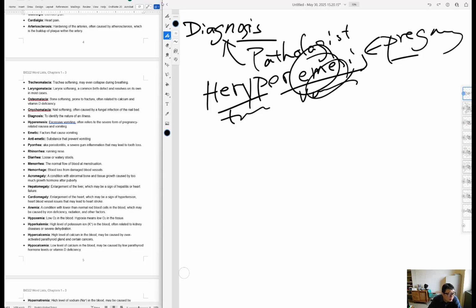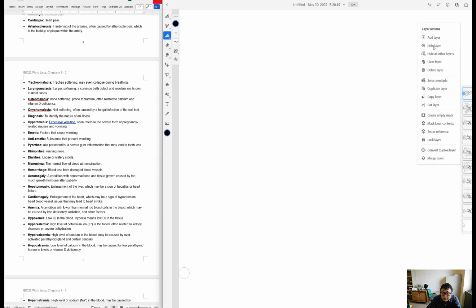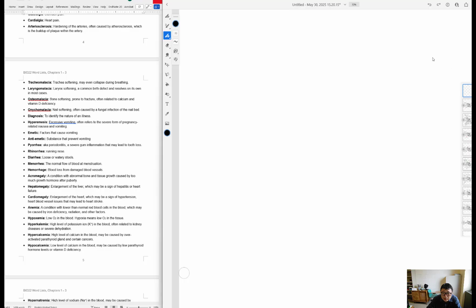And then emetic, anything that induces vomiting, emetic. Antiemetic, medicine or whatever that prevents vomiting. Antiemetic.